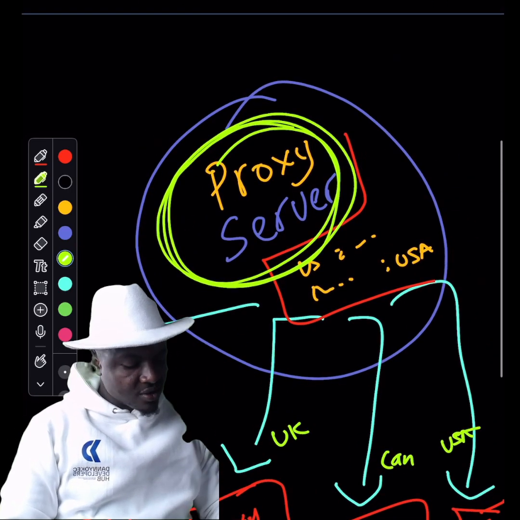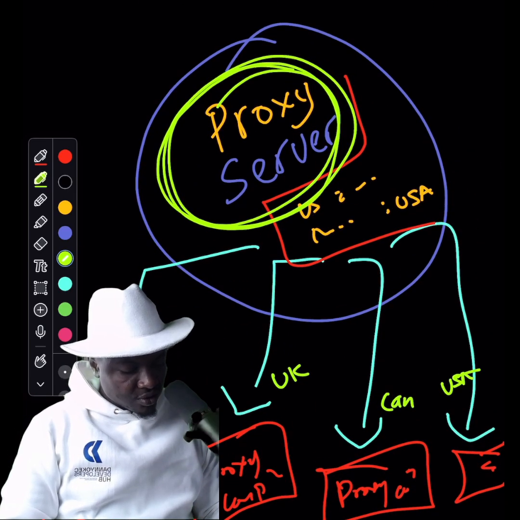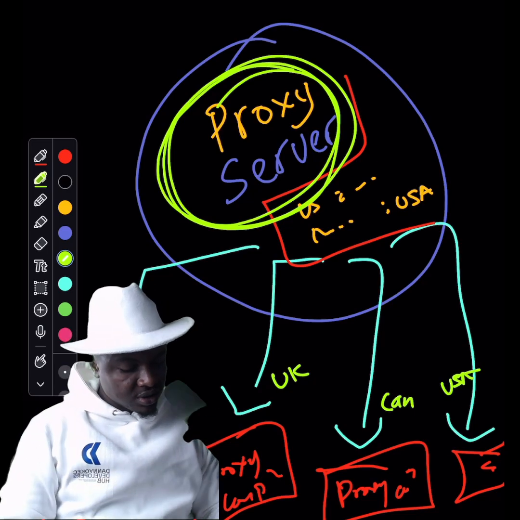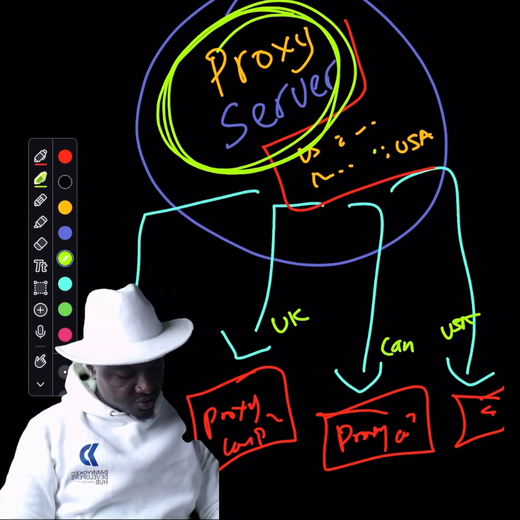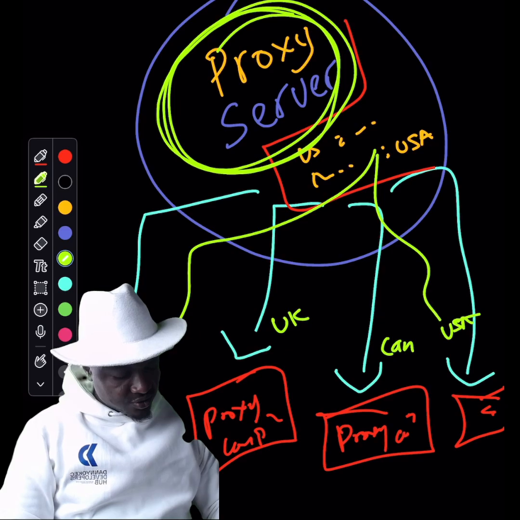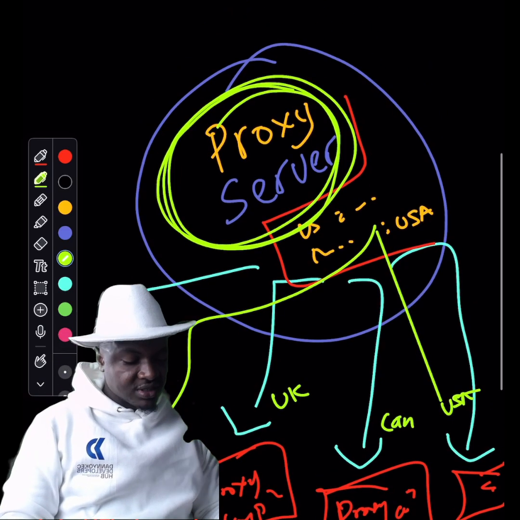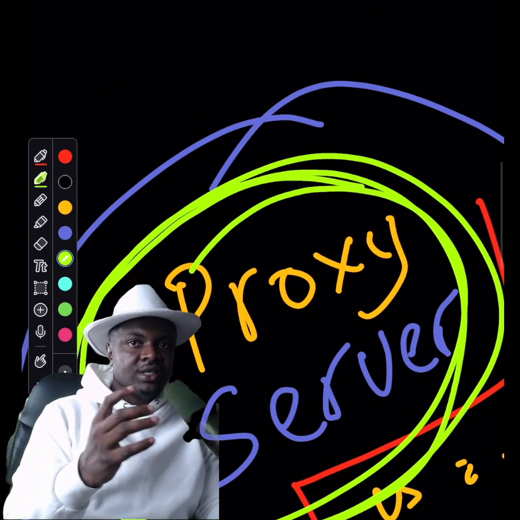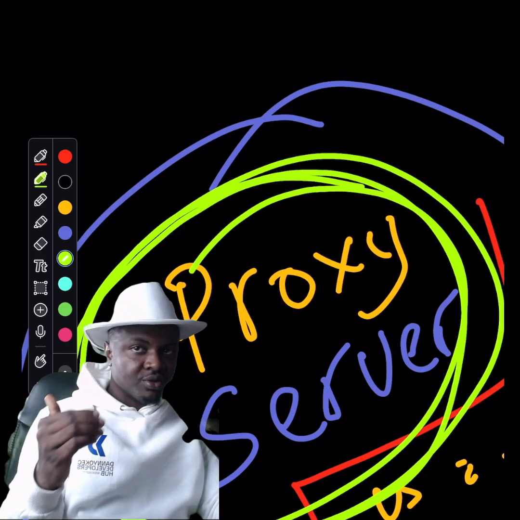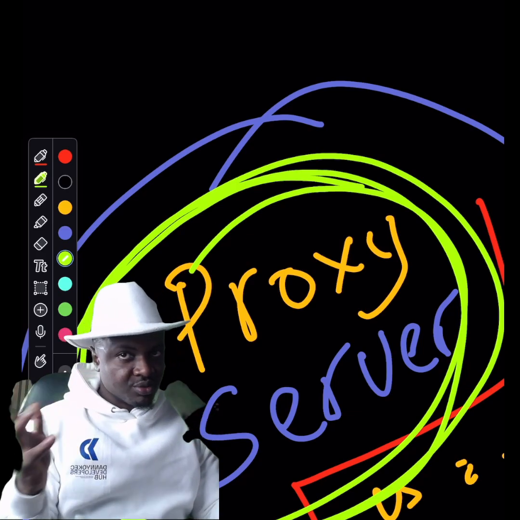Okay, so the server will now say, okay, since the credential you're trying to connect with is US, I will just route it to USA. So now this is why it's not actually called a server, because it can route you through multiple proxy computers, right? Multiple proxy computers.